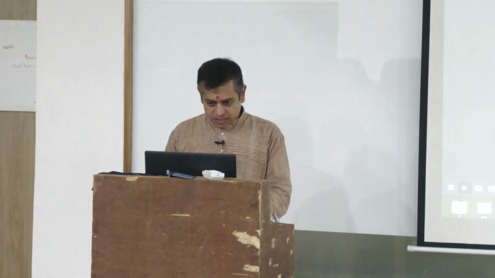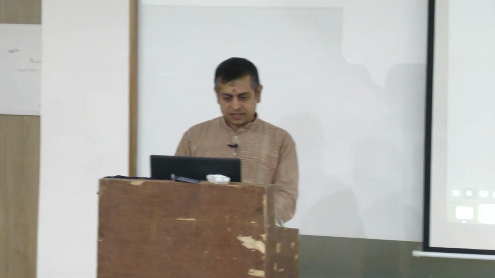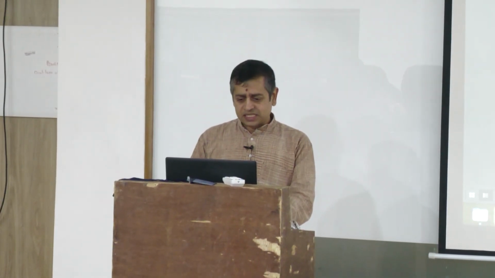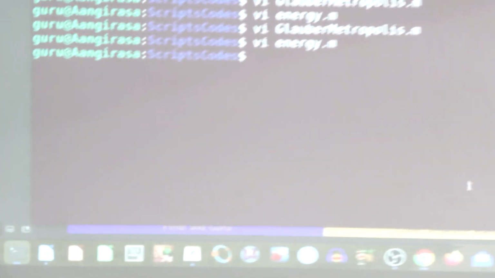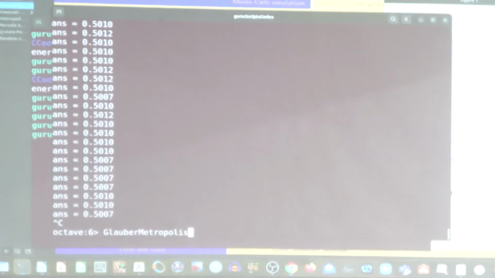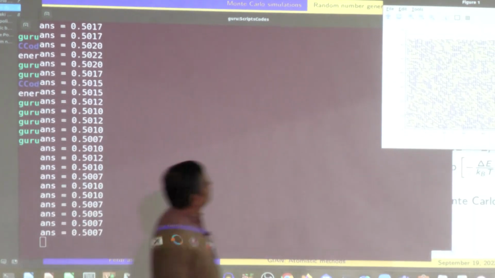Now, let me stop this and do the other one, and you will see the change. So, suppose I make this as 1, this as 0 and run the same code now. Okay.